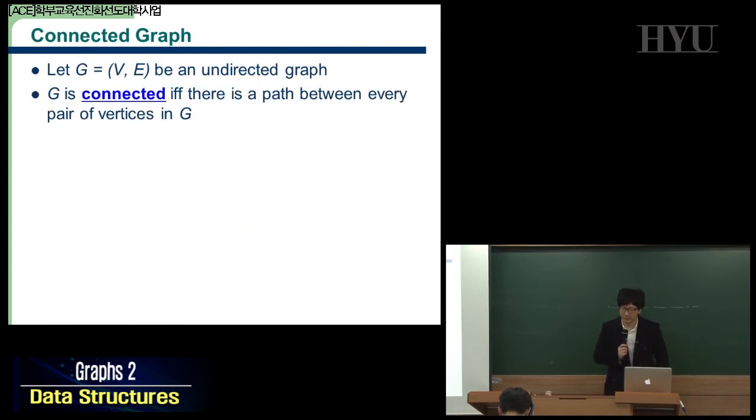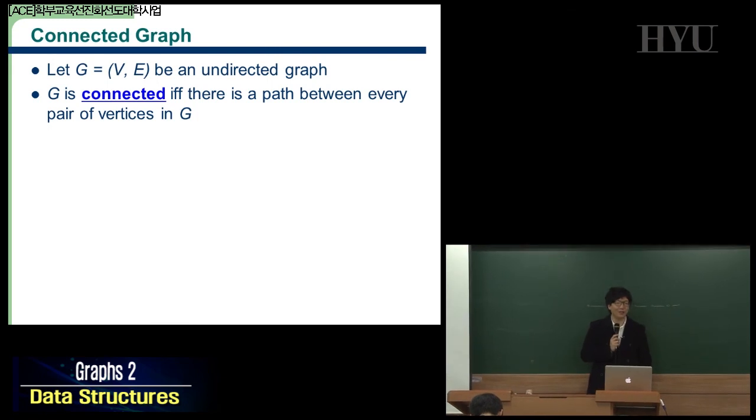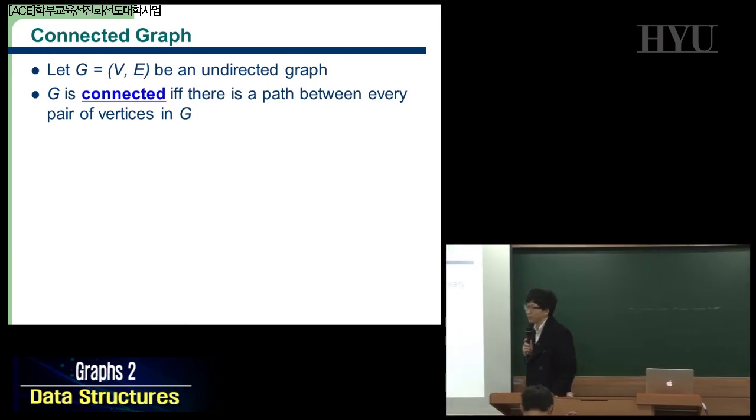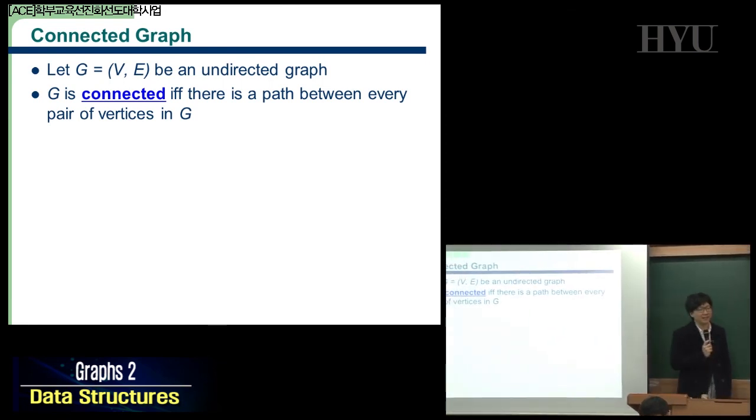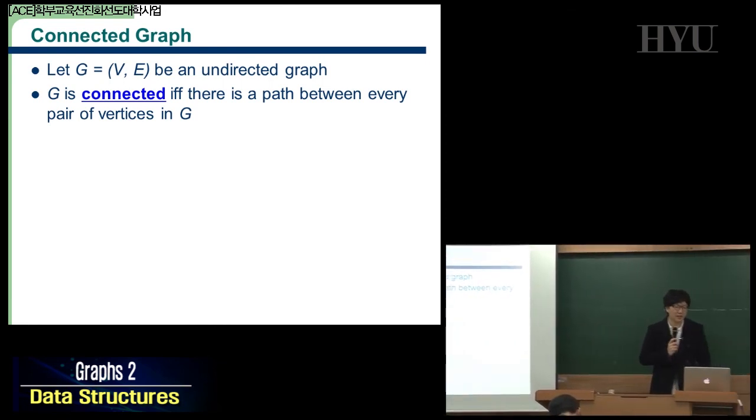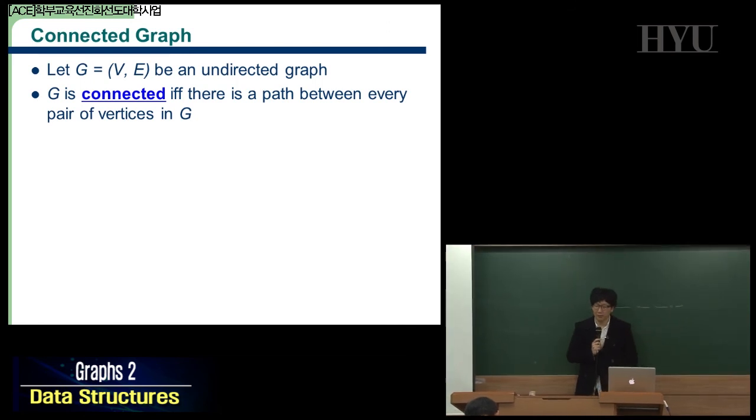Likewise, connected graph: let G, V, E, that we know. So next time we meet each other somewhere else, if I ask you to give me a graph definition, I hope you can give me that. G equals V, the set of V and E, right? G is connected if and only if there's a path between every pair of vertices in G. It's the same thing I'm saying: there exist paths from one node to every other node.